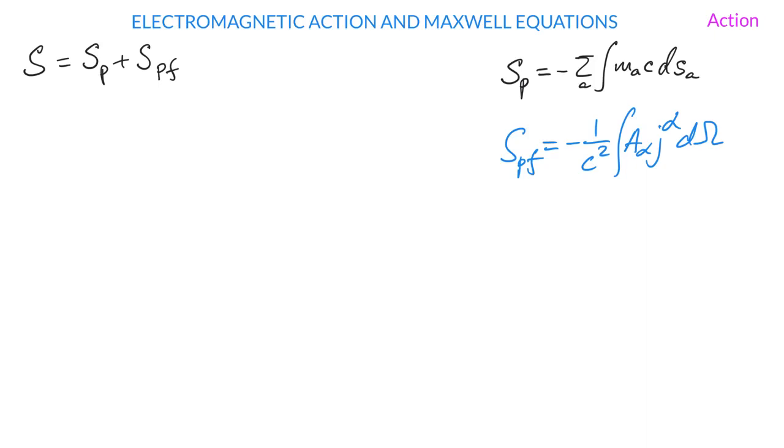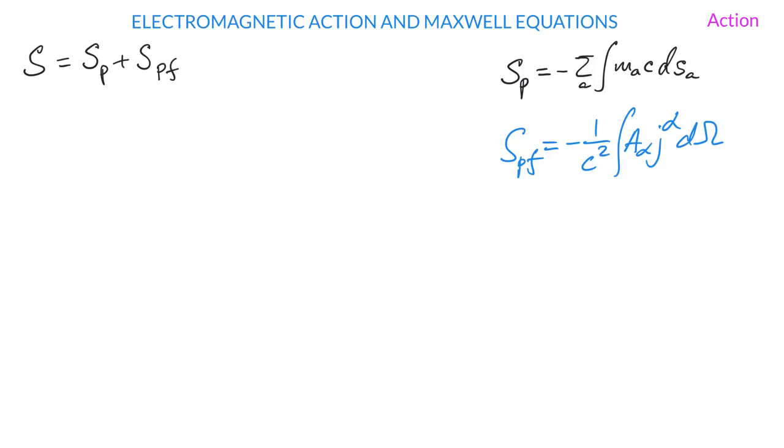It's just the trajectories of the particles in four-dimensional spacetime. And then the term S sub pf representing the interaction between particles and fields, which we have just re-expressed in this form, where you have the integral over the four-dimensional volume of spacetime of a contraction of a field potential with the four-current density vector.